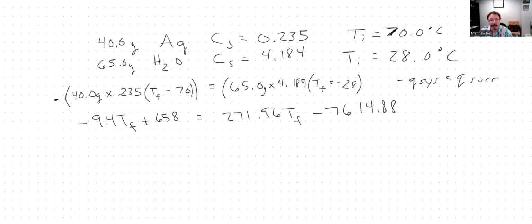So I want to isolate T sub F. I can do that by adding the 7,614.88 to both sides, and adding 9.4 TF to each side.